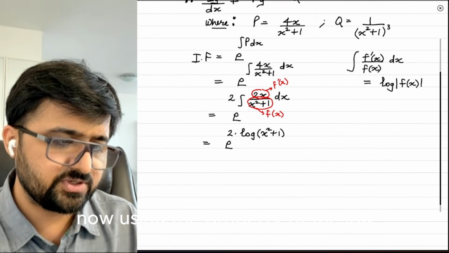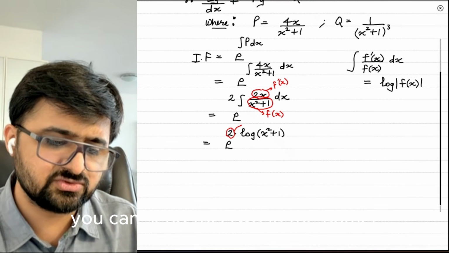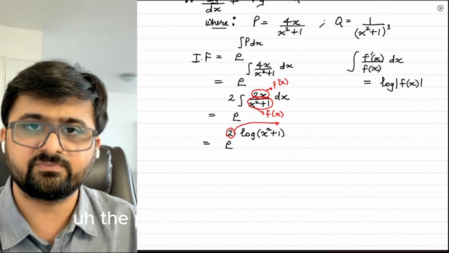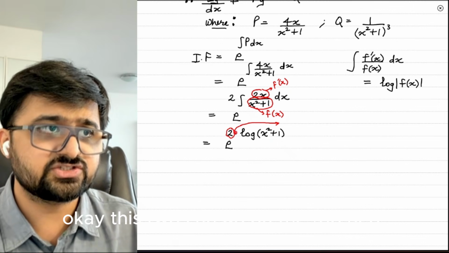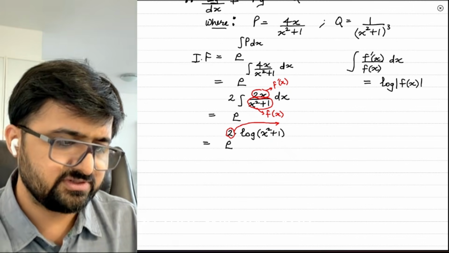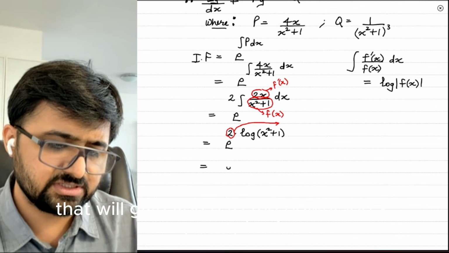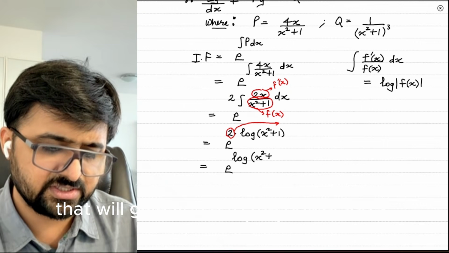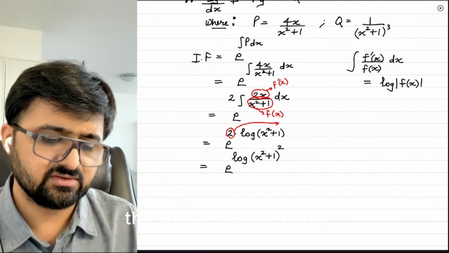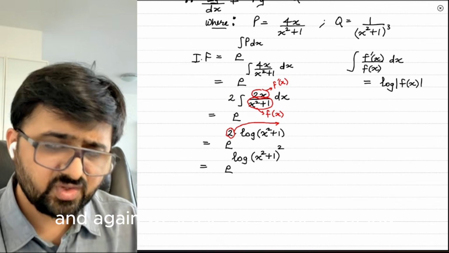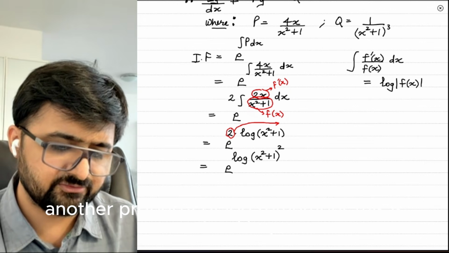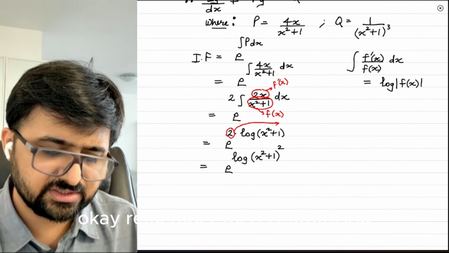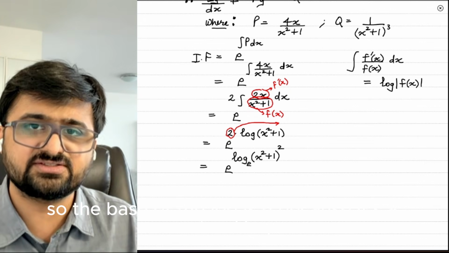Now, using the property of the log, you can send this 2 to the power of the log. This 2 can go on the top here. So that will give you e to the power log (x square plus 1) the whole square. And again we'll use another property of log. Remember, this is natural log, so the base of the log is e.